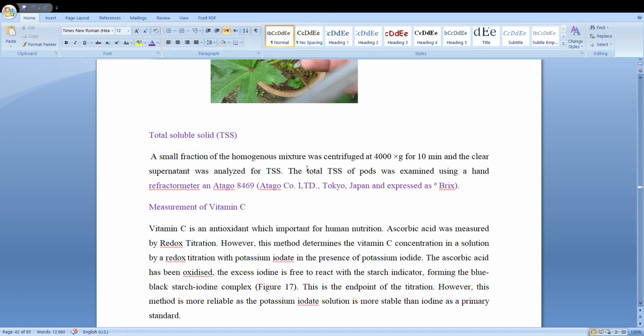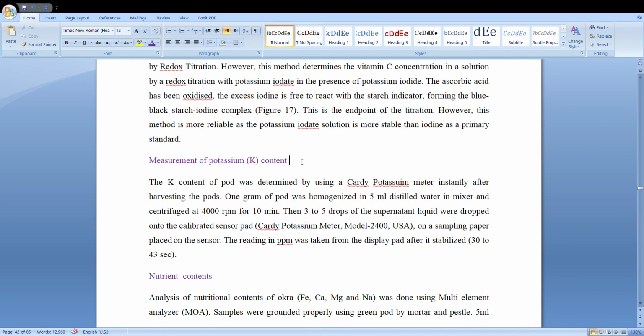My PhD student did this work in Malaysia, and he submitted his thesis and got his graduation from the University of Malaya by this work.